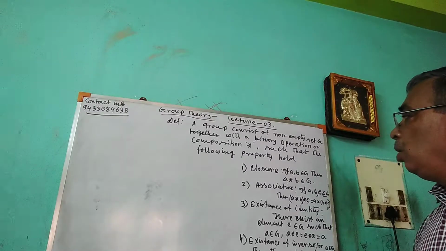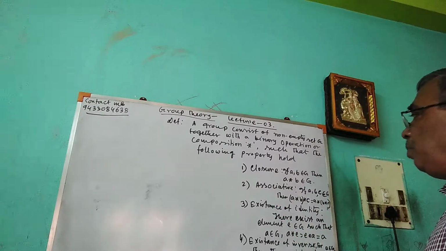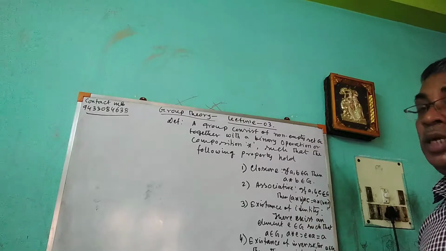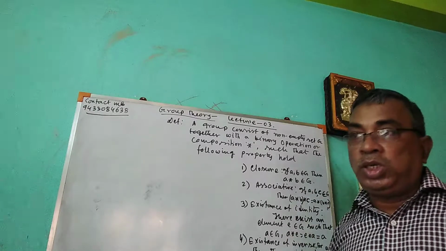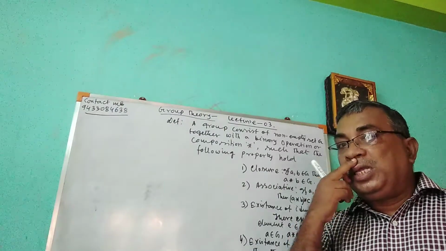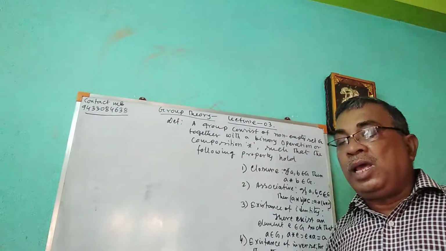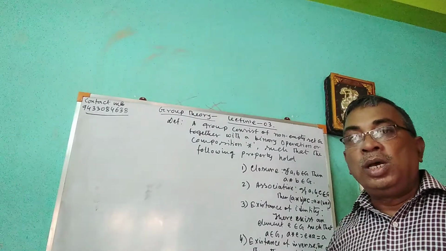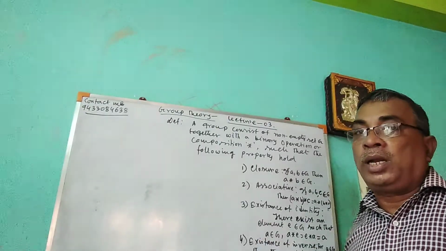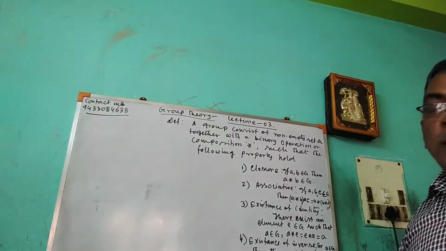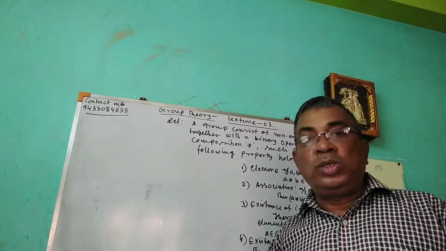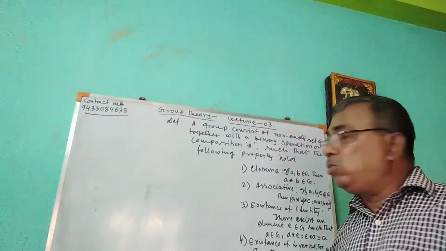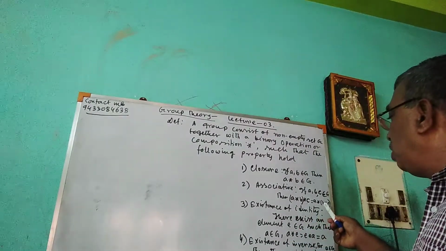Now, what is closure property? If A, B belongs to G, then A composition B also belongs to G. That is, if the elements A and B belong to G, then A plus B belongs to G. Then we can say it is closure. Similarly, associative: if A, B, C belong to G, then (A composition B) composition C equals A composition (B composition C).